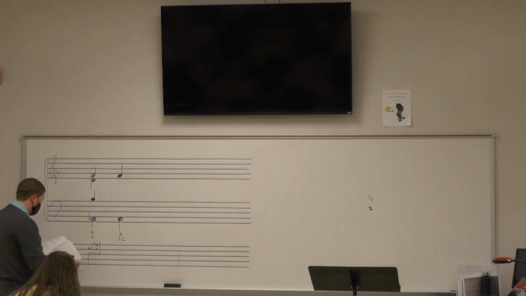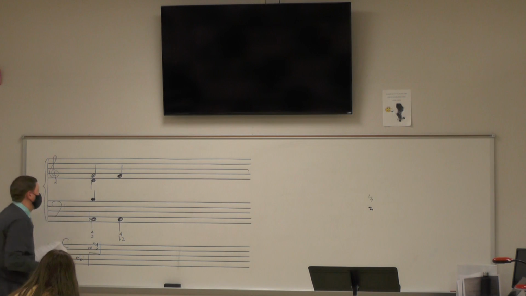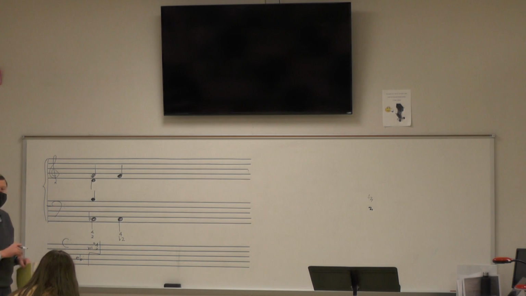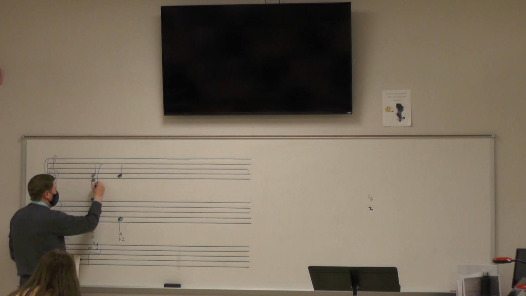Now to get it to make sense in the new key of E flat minor, what is the tonic in E flat minor? D. Okay, there is a D in the chord. So now we have to think of the chord as D, F, A flat, C flat. This, remember, is B natural. So I can just think of it as C flat.